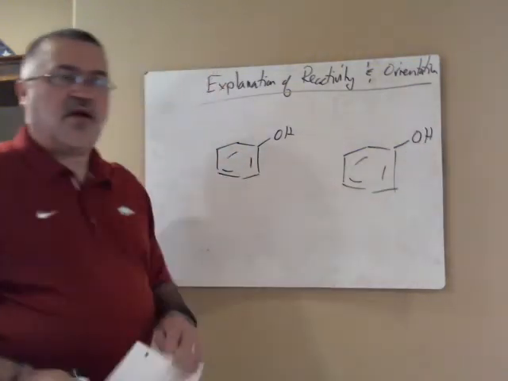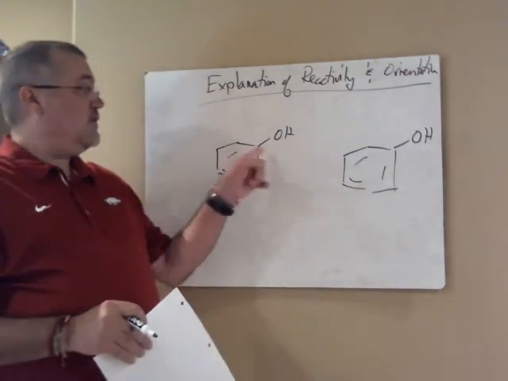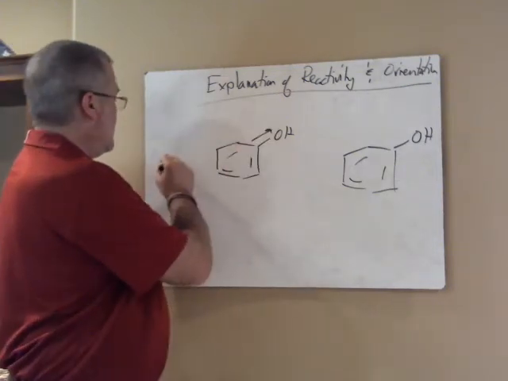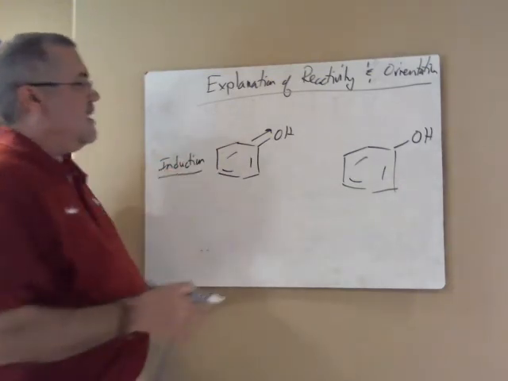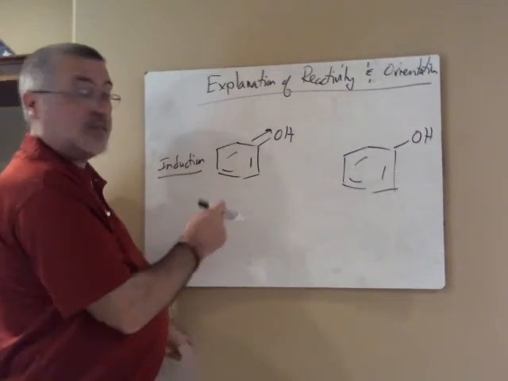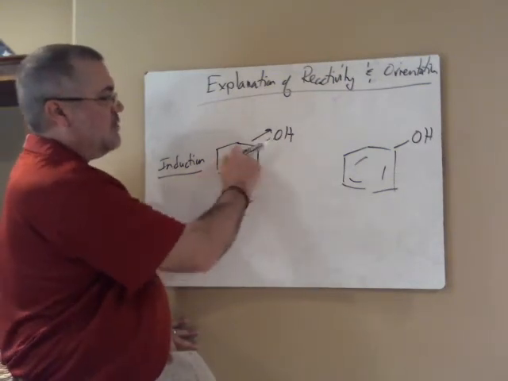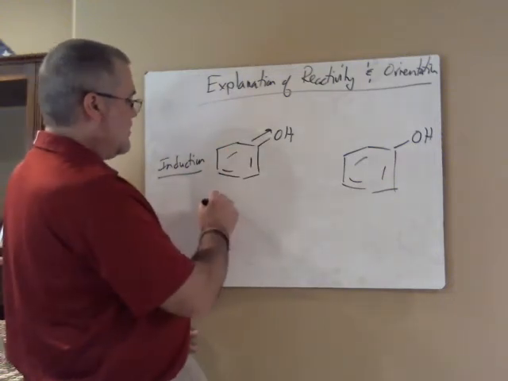Because when we were talking about inductive effects, we said that this was, I'm going to put induction next to this, inductively withdrawing electrons from the ring. Remember, through this sigma bond, electrons were being moved from this carbon to that oxygen. So we said it was deactivating.